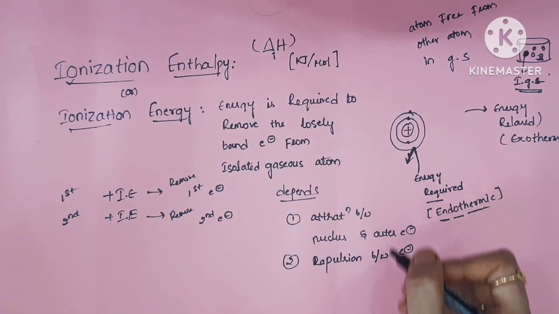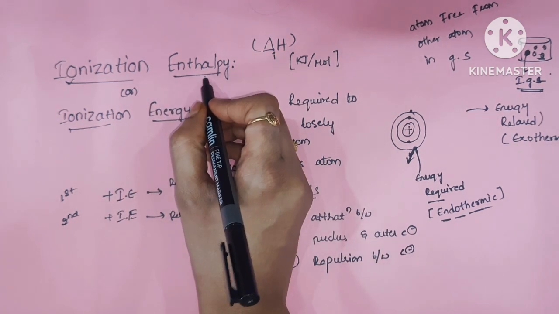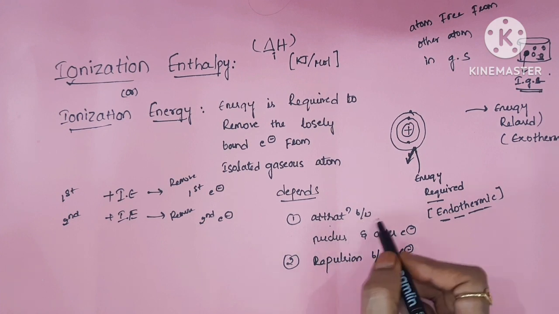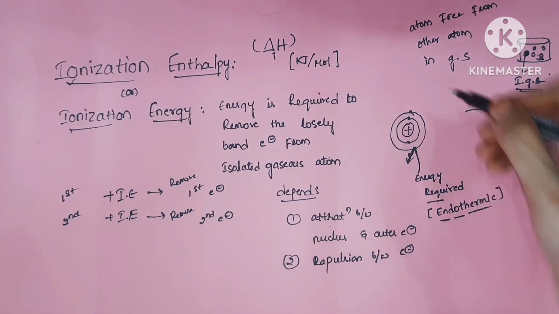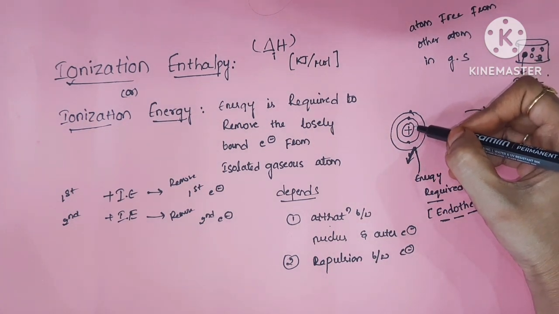These two factors influence the ionization enthalpy. The attraction between the nucleus and outer electrons is very, very important.